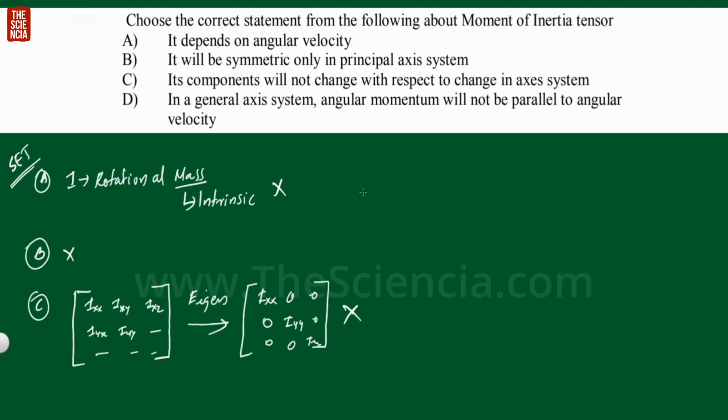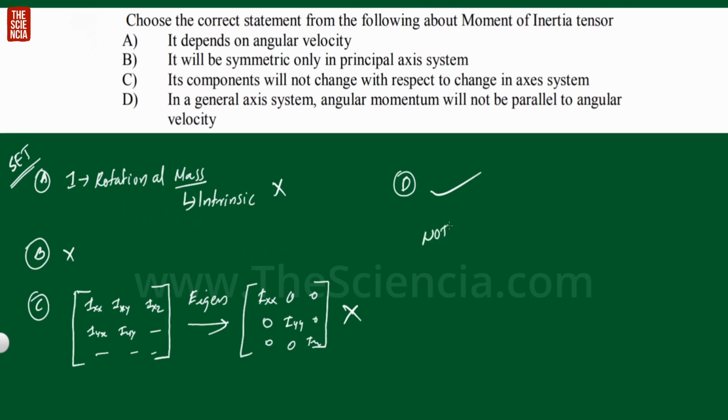And what is D? I think we know option A is not correct, B is not correct, option C is also not correct. Then definitely D will be the right answer. Okay.